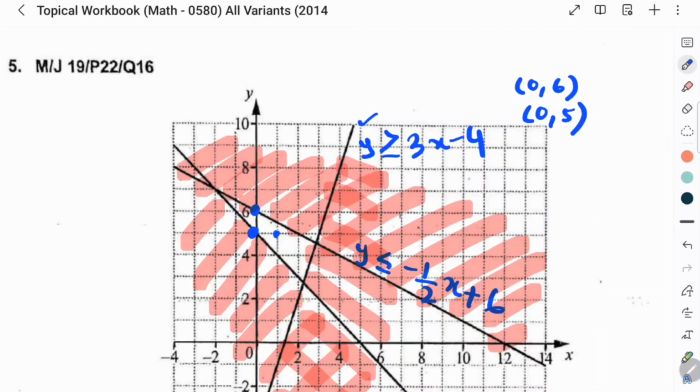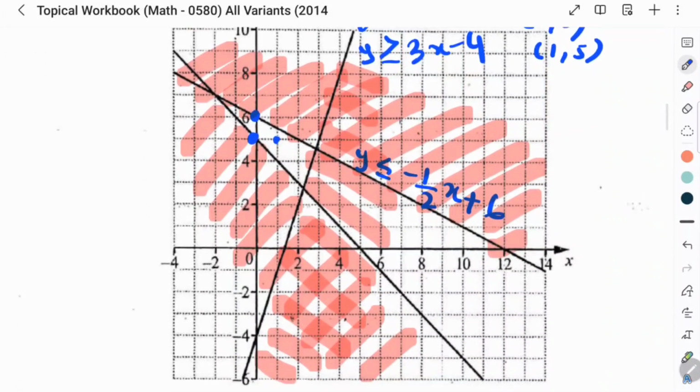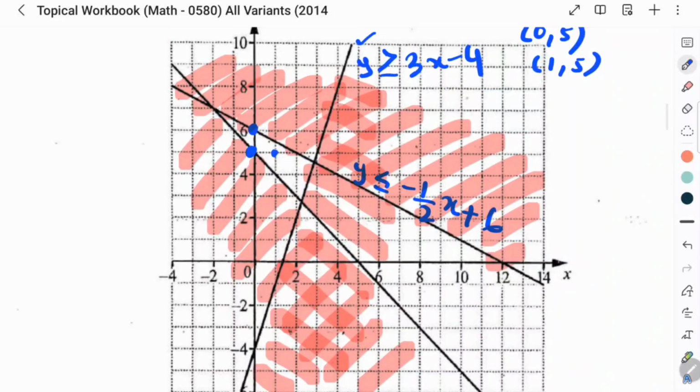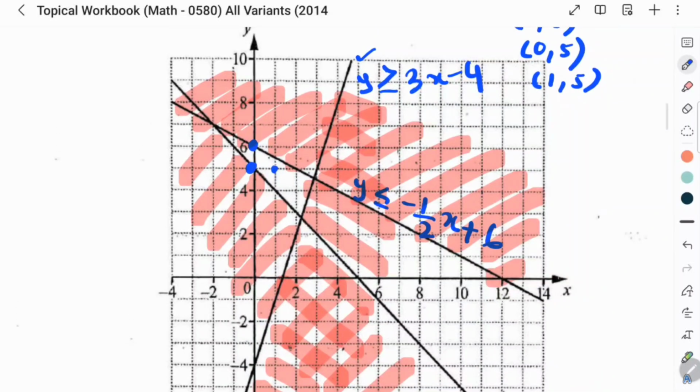So this number is 1 and 5, and then you have one of the numbers here, and remember we need to find the greatest value. So that is becoming 2 and 4 is also in the region, and 2 and 5 is also in the region.